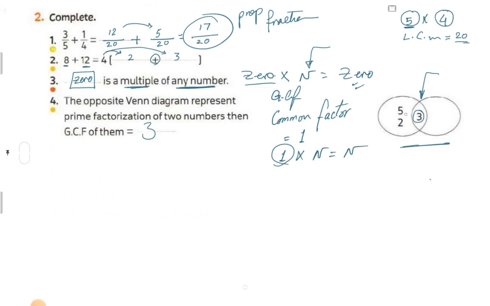let's see what the number is from the first circle. 5 times 2 equals 10, 10 times 3 equals 30. What's the number here? Now I don't have any other factors here.